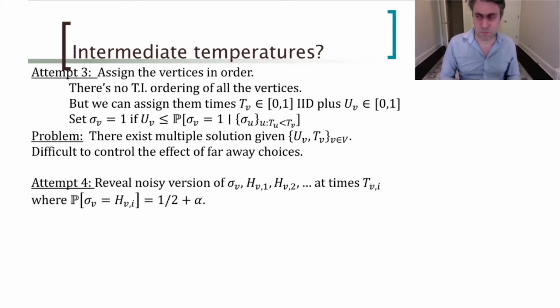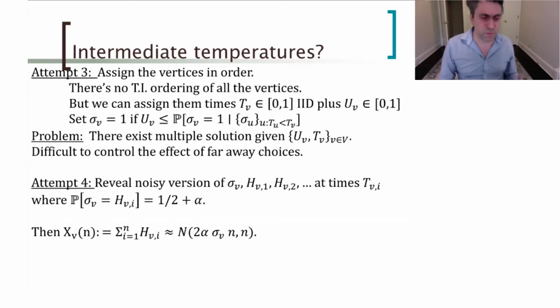Suppose we could construct something like this as a factor of IID, then we could extract out sigma, because if I let x_v be the sum of the first n of them, then x_v will be a biased random walk, and if I let n tend to infinity, if x_v tends to plus infinity, then sigma was 1. If it tends to minus infinity, sigma would be -1.